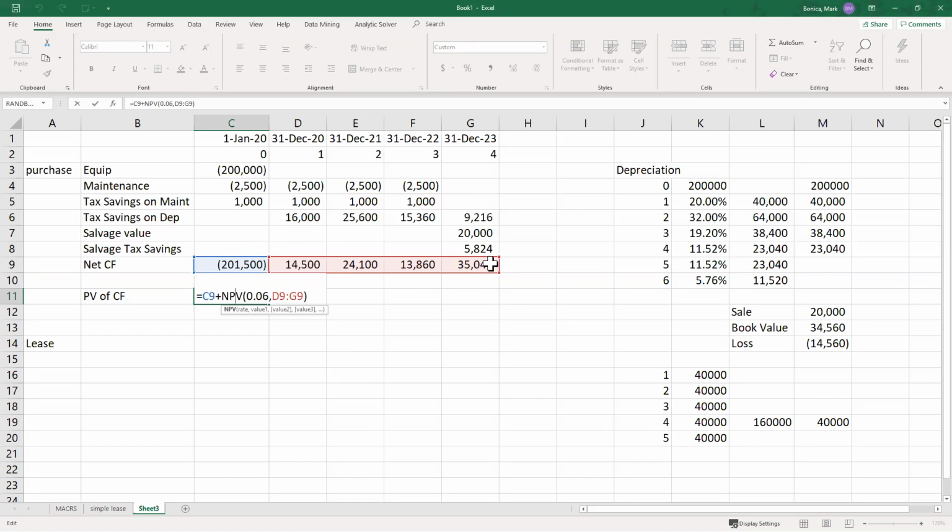This is 35 divided by 1.06 to the 4th, right? I could have done that. Instead, I just used the NPV formula, which gives me the present value. It's the present value of an annuity, right? Well, not really an annuity. It's a series of future cash flows. Good, Jisoo?